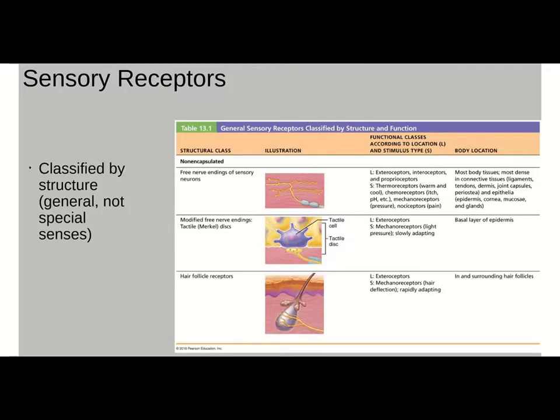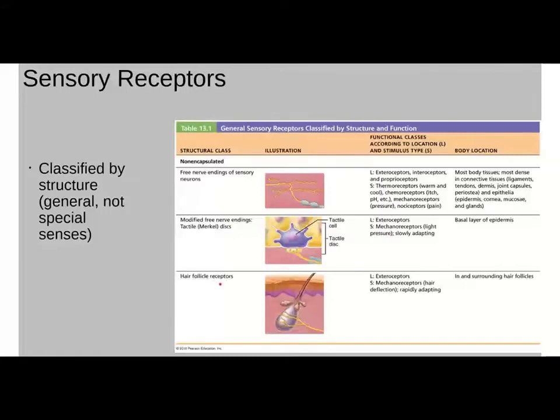But just beneath them, we have a dendrite, and the Merkel cell passes information to that dendrite, which then sends a signal towards your central nervous system. So that's a modified free nerve ending, very similar to our free nerve endings, except it's got this Merkel cell there to pass information along to it.